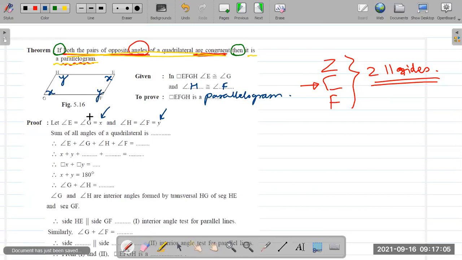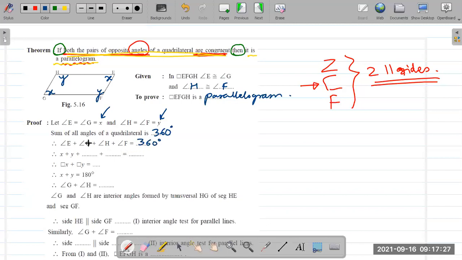Now we know that the sum of all angles of a quadrilateral is 360 degrees. That means angle E plus angle G plus angle H plus angle F, the total is 360 degrees.